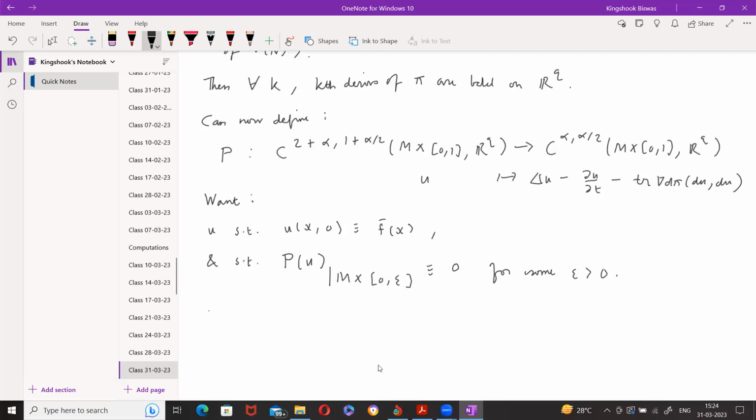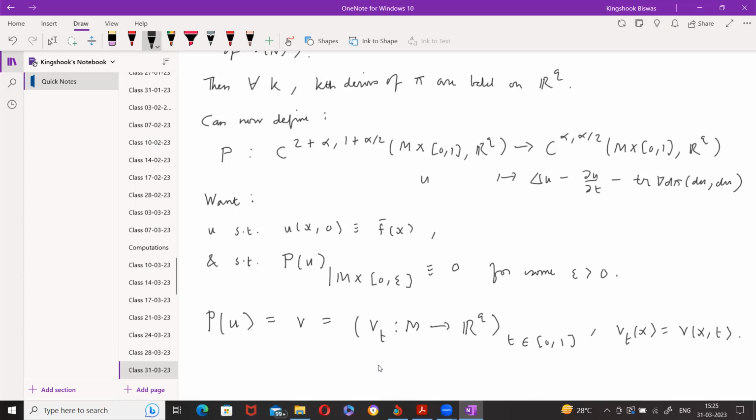If I call P of U equal to a family of maps V sub T from M to RQ, where T goes from 0 to 1, then V sub T of X is V of X, T. So I can think of this as a curve in the space of maps.